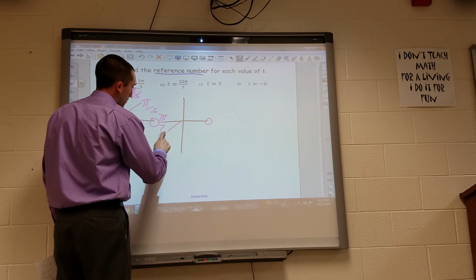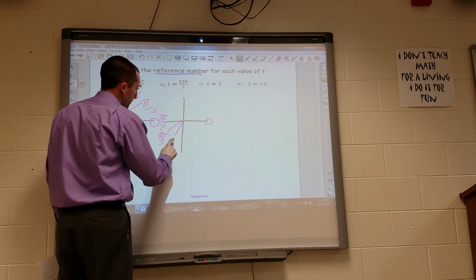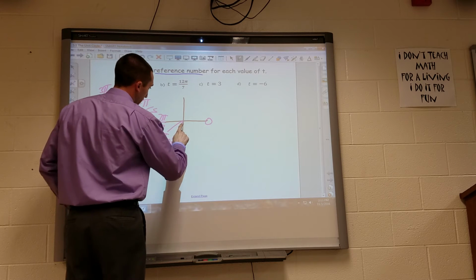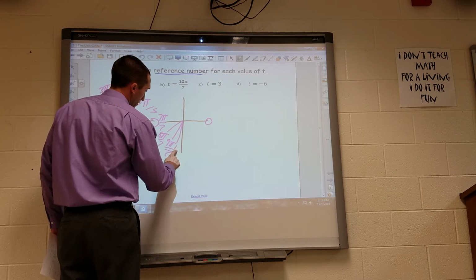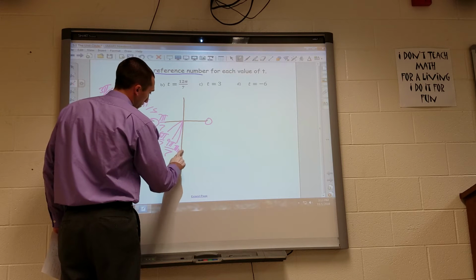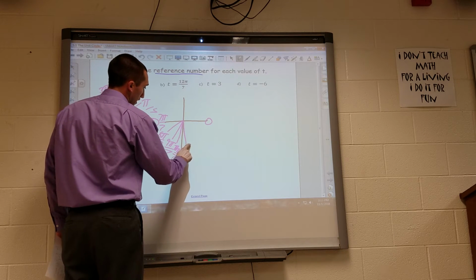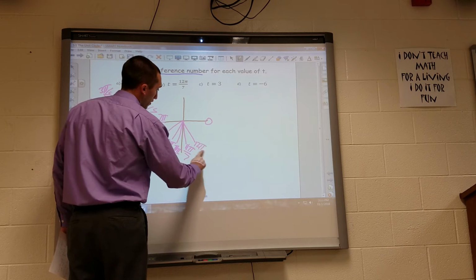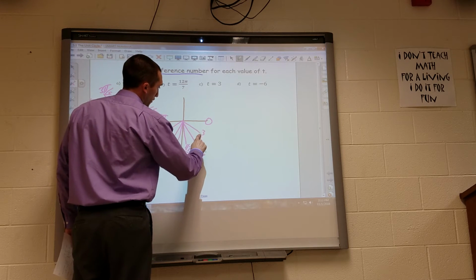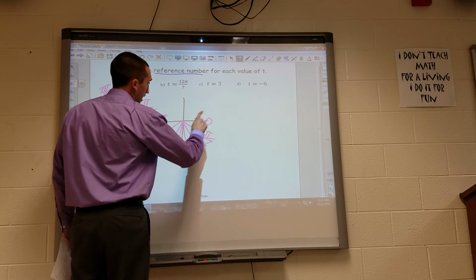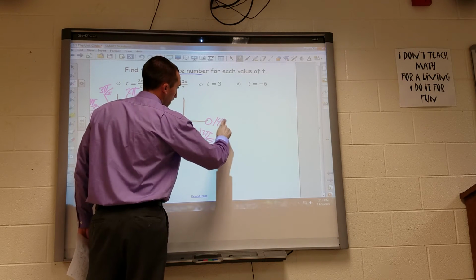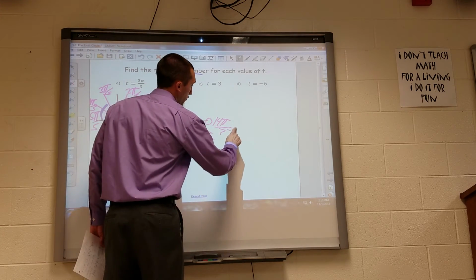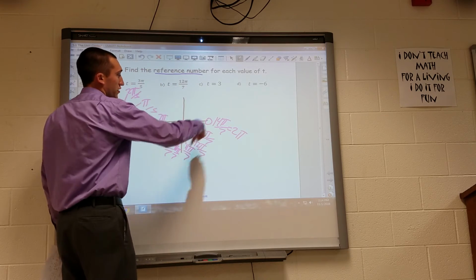So I've got 8 pi over 7, 9 pi over 7, then we've got to fit 10 pi over 7, 11 pi over 7. Then it would be 12 pi over 7, 13 pi over 7, and then obviously 14 pi over 7 would get us back to 0, because 14 pi over 7 reduces down to 2 pi, which is 360 degrees, one whole circle.